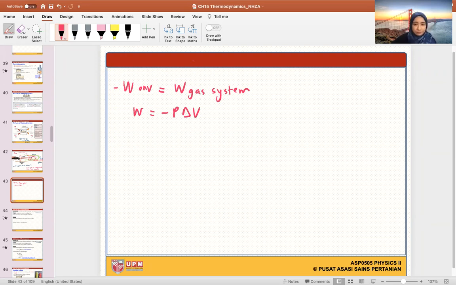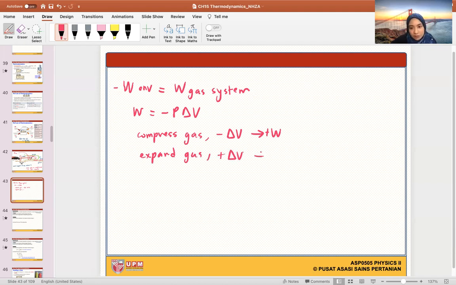And then we have learned that if we compress a gas, which means that we will have a smaller final volume, the change in volume should be negative. This means W is positive. And if the gas expands, the change in volume is positive, which means that work done is negative.